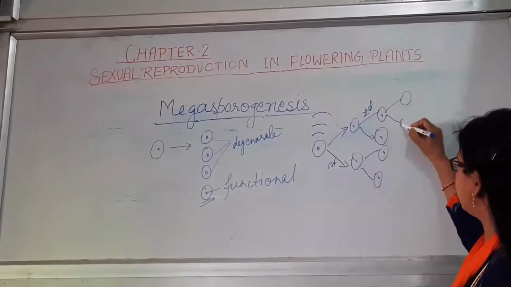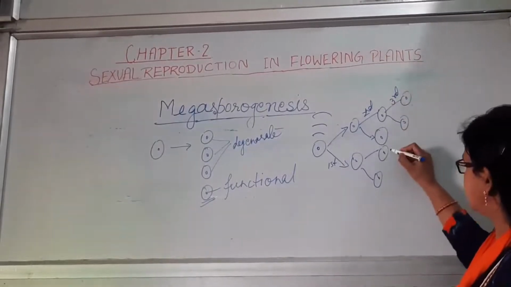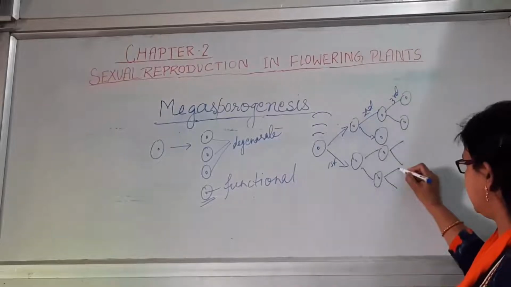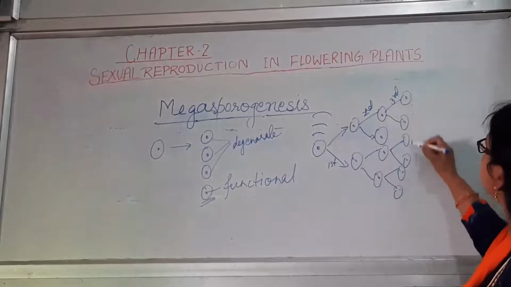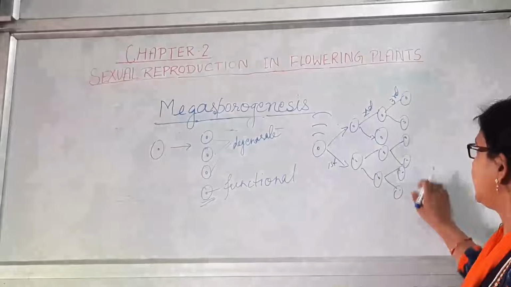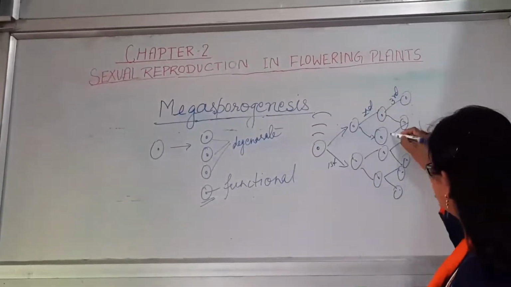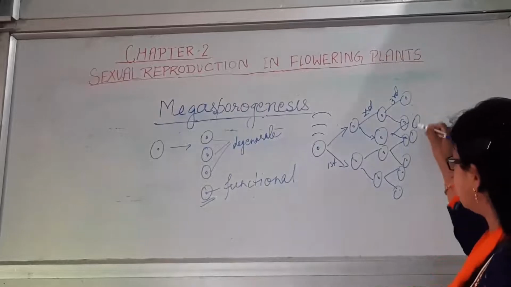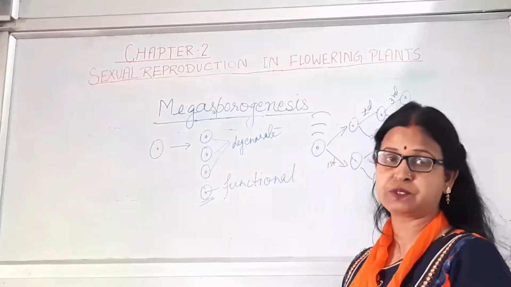In this way, at last, we will get 4 plus 4, that is 8 nuclei. So you can see that from 1 cell nucleus we get 8, and in this way a total of 8 nuclei are produced.